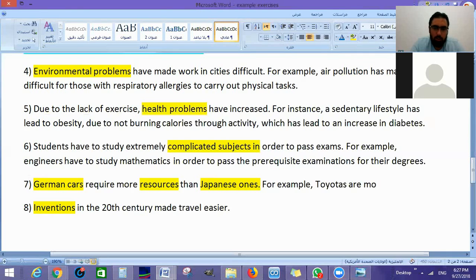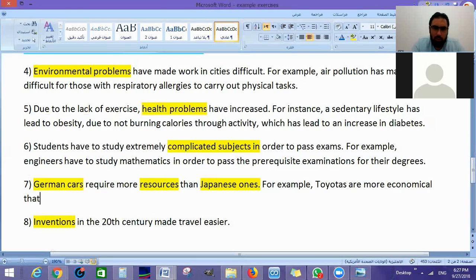Toyotas are more economical than BMWs, which use double. Okay, so here we have, for example, Toyotas are more economical than BMWs.